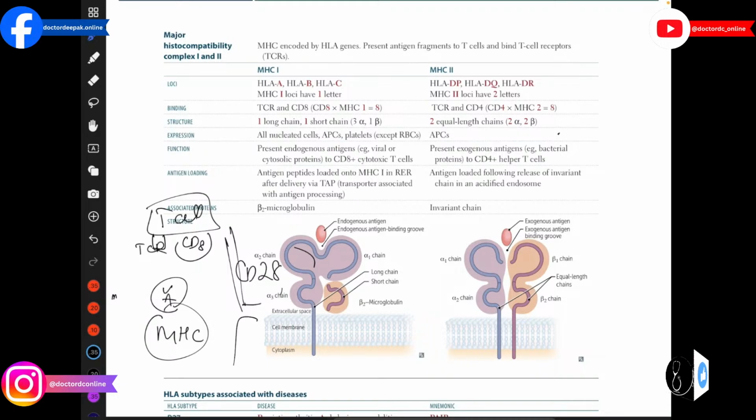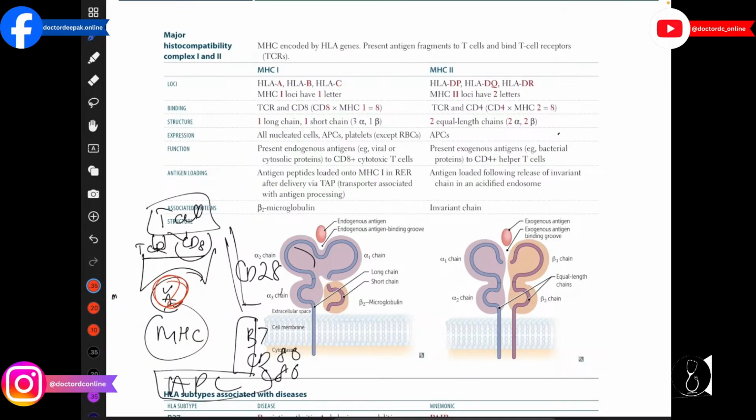CD28 is going to interact with the receptor on the antigen presenting cell, that is B7, CD80 or CD86. But here CD8 with the TCR is going to interact with the viral antigen.